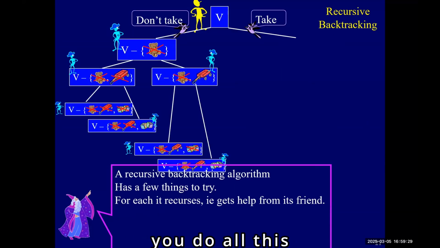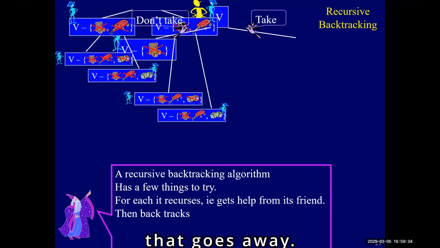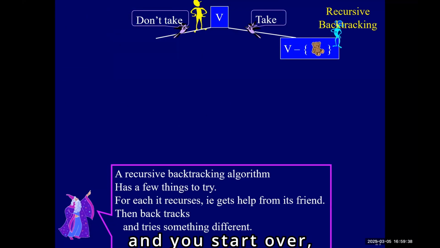Backtrack. Well, you do all this, and then all that goes away. You delete all of that, and you start over, right? And all you do is remember just the best from over there. Now, people were having troubles when coding it up using the same data structure, and you put things in the data structure.